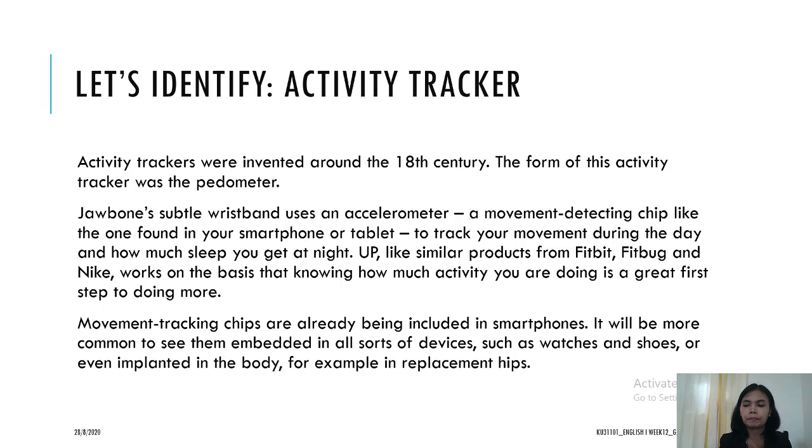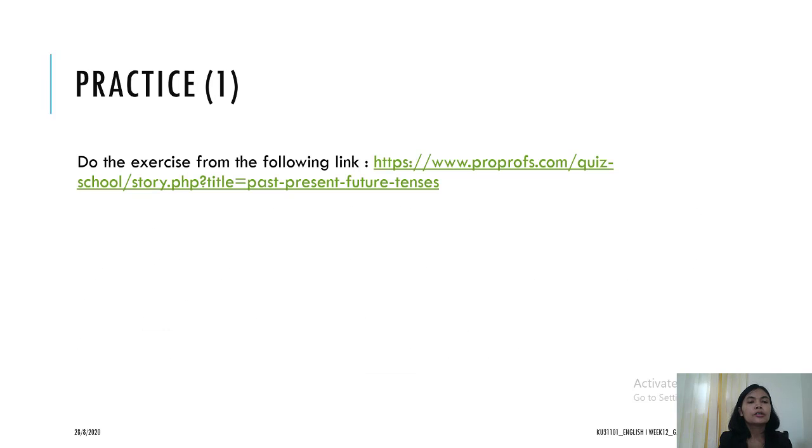So now we will come to practice 1. For practice 1 over here, I provided you with a link of practice for past, present, and future. Please do the exercise.